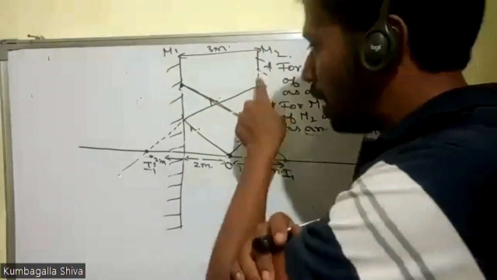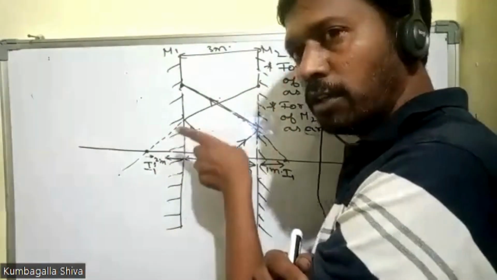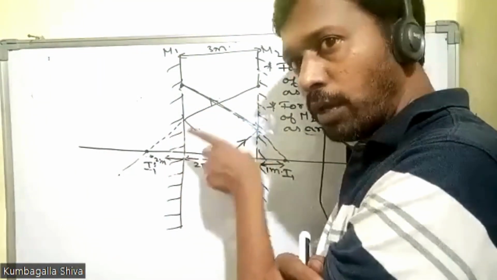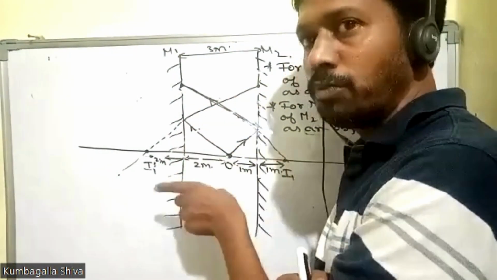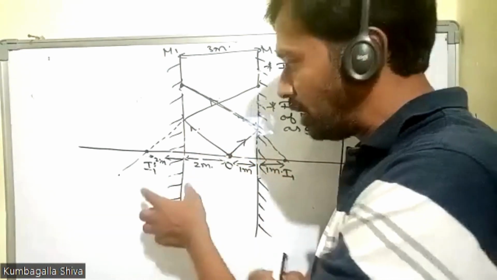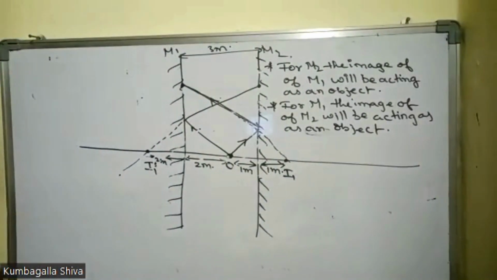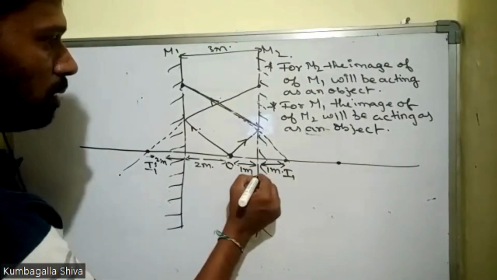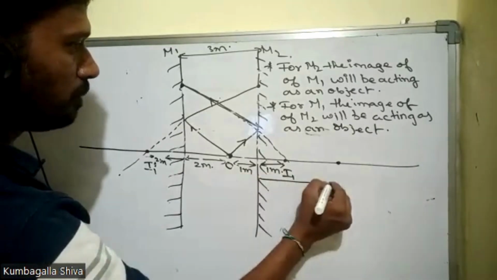So for M2, the image of M1, which is acting as an object for M2, will be at a distance of 5 meters. Are we clear here? Now I take down here the distance from M2, which will be 5 meters.